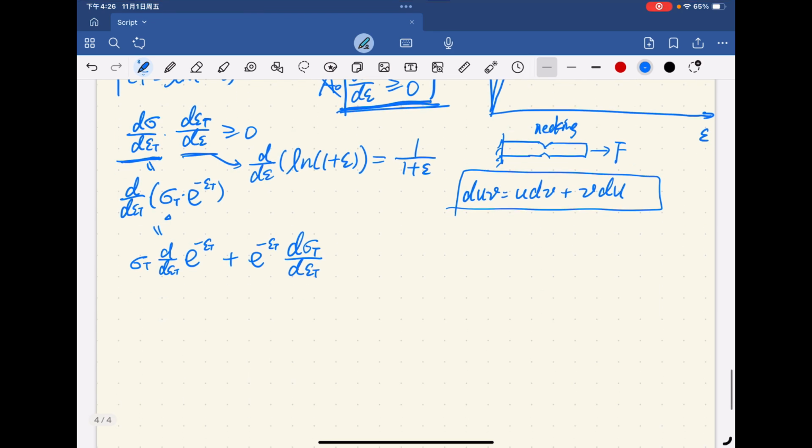And for this one, we can further derive that it equals minus E to the minus epsilon t times sigma t.